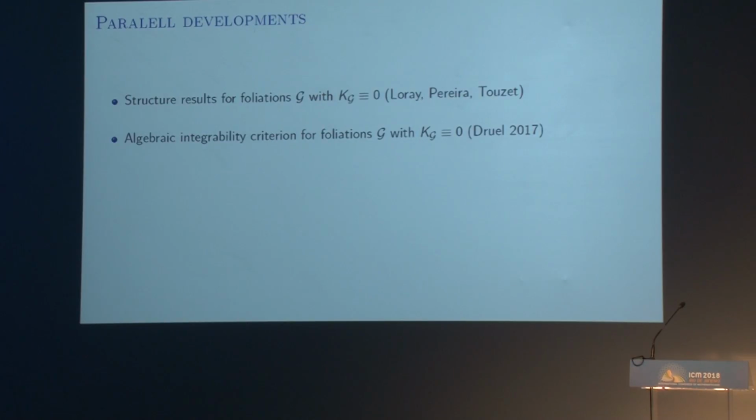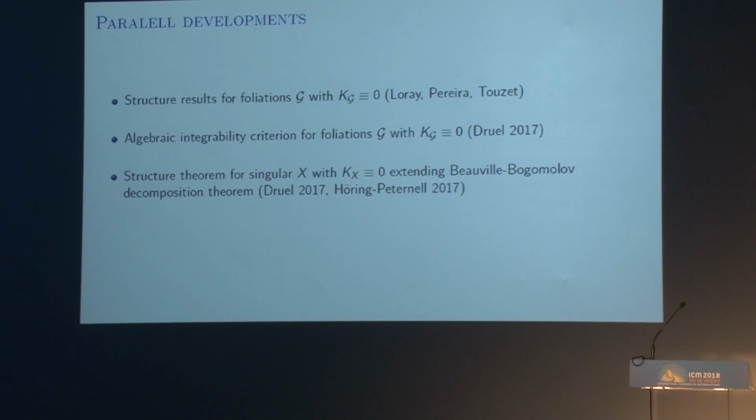And here it is important that I mention that this criterion is for singular varieties. This is very important because this was the key ingredient to the recent structure theorem for singular projective varieties with a numerically trivial canonical class, which extends the Beauville-Bogomolov decomposition theorem.